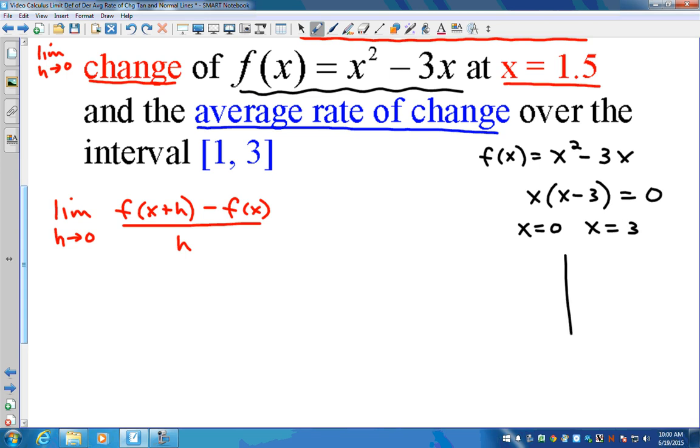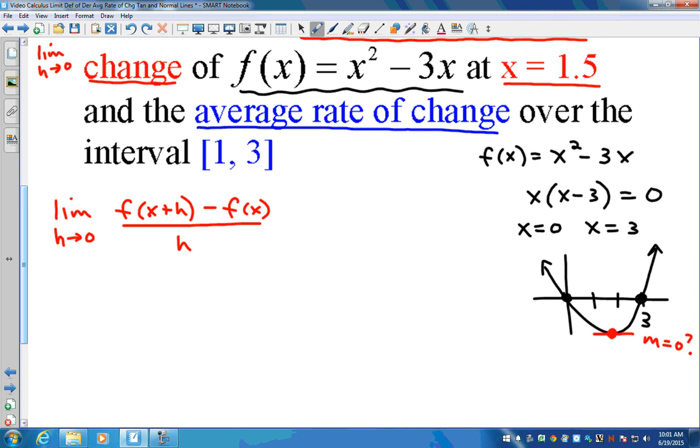All right, so you know that it crosses the x-axis at x equals 0 and x equals 3. So it's a parabola. It's going to look something like that. All right, so we want the instantaneous rate of change at x equals 1.5. Looks like it's going to be 0, isn't it? It looks that way to me. All right. Well, we'll see. So we'll do it using calculus. All right, so we're using this limit definition.